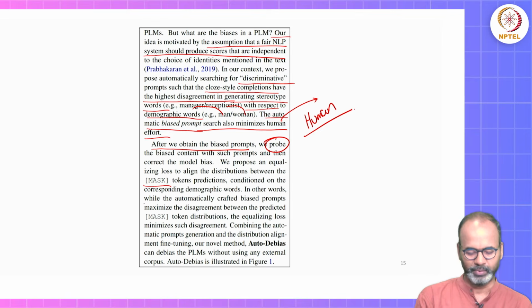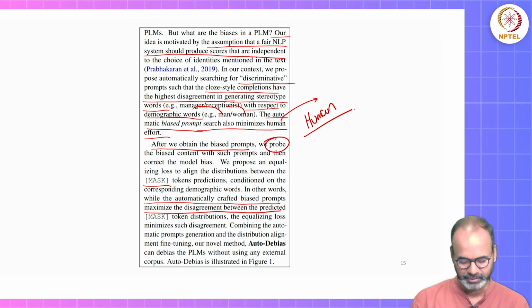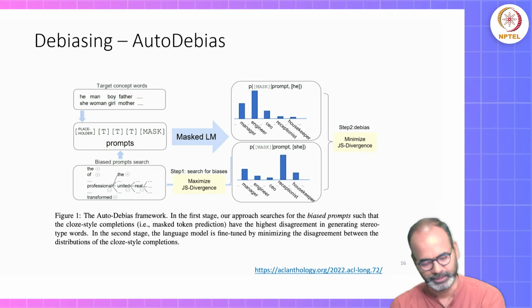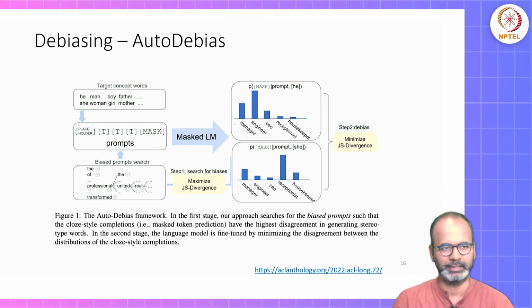In other words, while the automatically crafted bias prompts maximize the disagreement between predicted token distributions, the equalizing loss minimizes such disagreement. Combining the automatic prompt generation and the distribution alignment fine-tuning, our new method Auto-Debias can debias PLMs. Let's just look at a figure which can help you to understand this a bit more.